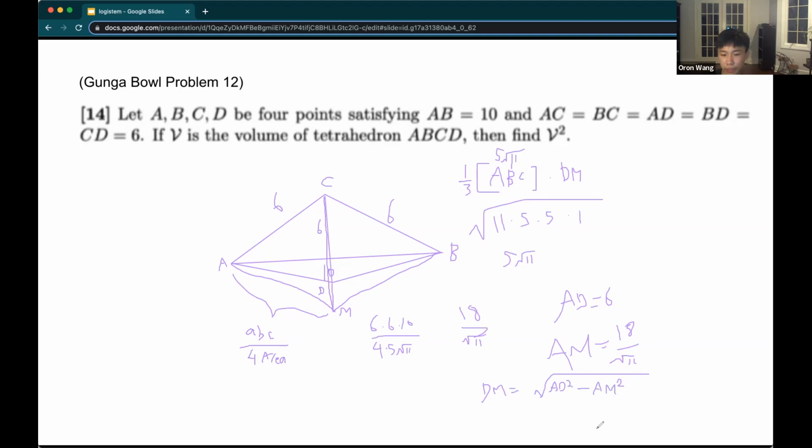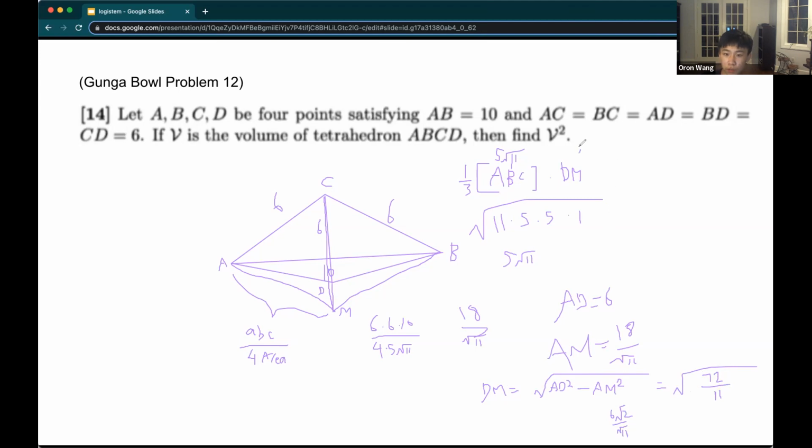And we can calculate that. We get the square root of 72 over 11, which is 6 root 2 over root 11.